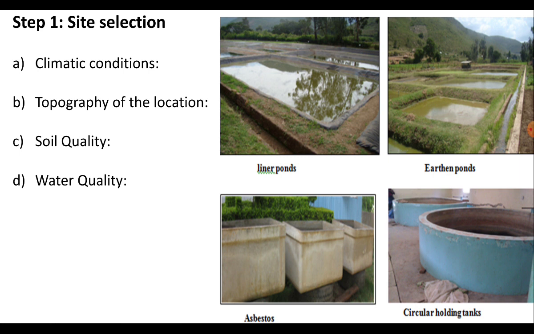The other factor is topography of the location, where the ideal site must be flat or gently sloped. The low-lying lands, waterlogged areas, salinity and alkalinity also affect the areas used for construction of scampi farms.